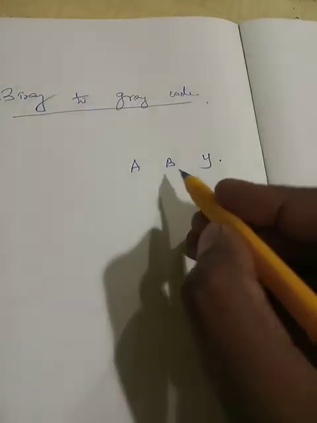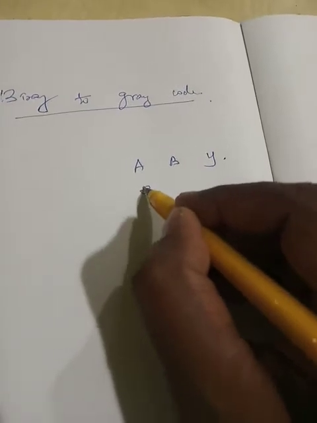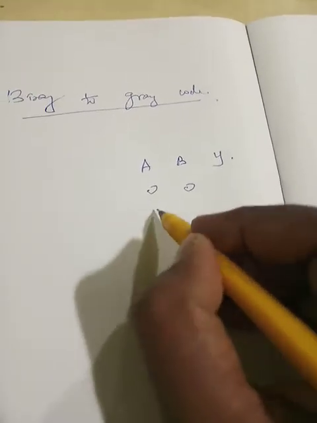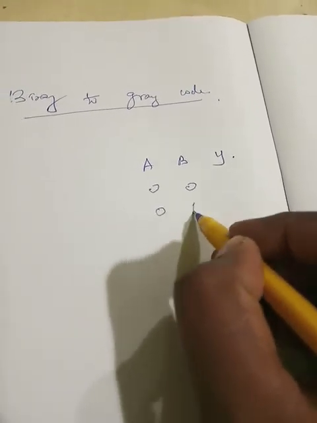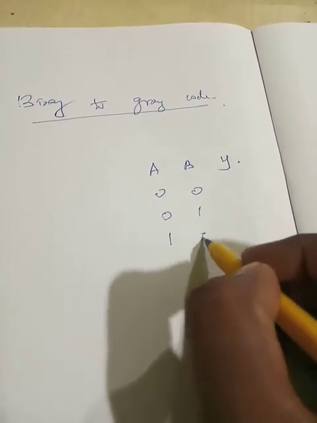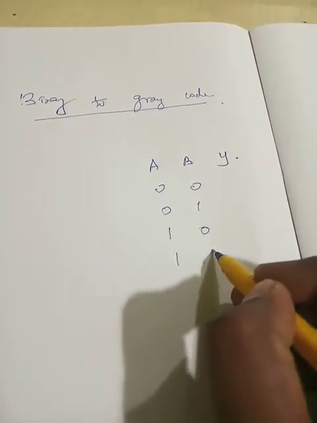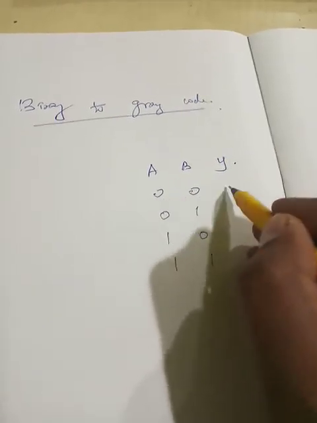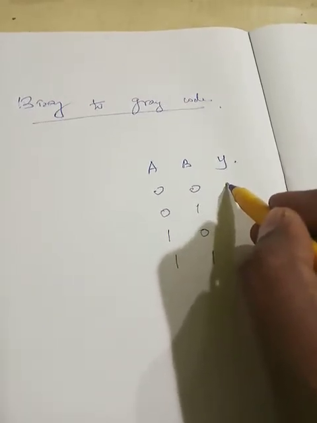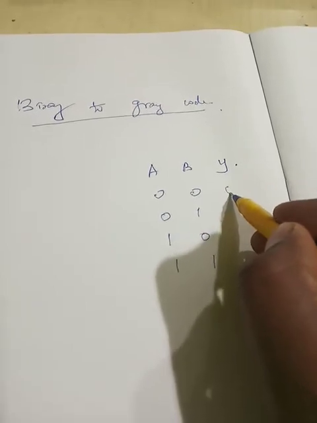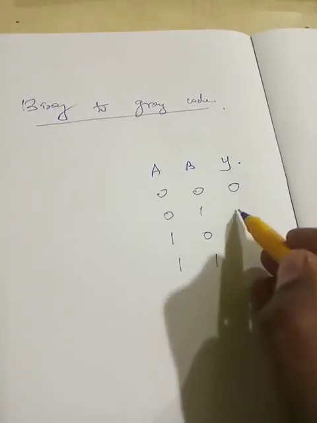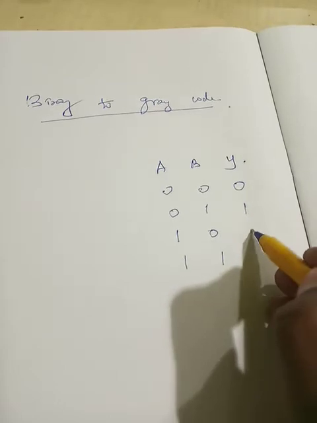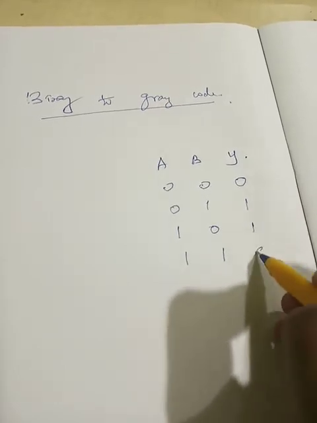So the combinations are 0 0, 0 1, 1 0 and 1 1. These are the four combinations. For the XOR gate, if you take 0 and 0, my XOR output will be 0, right? For 0 and 1 it's 1, 1 and 0 will be 1, and 1 and 1 will be 0.